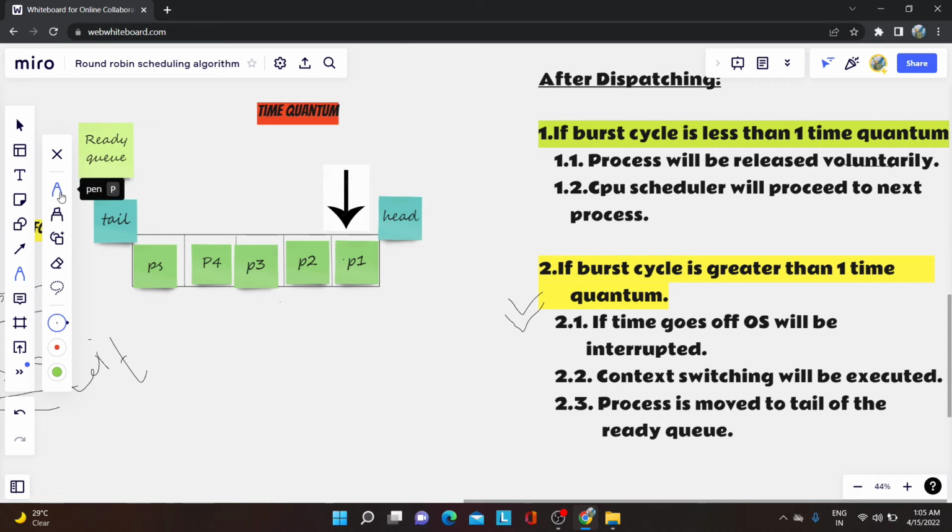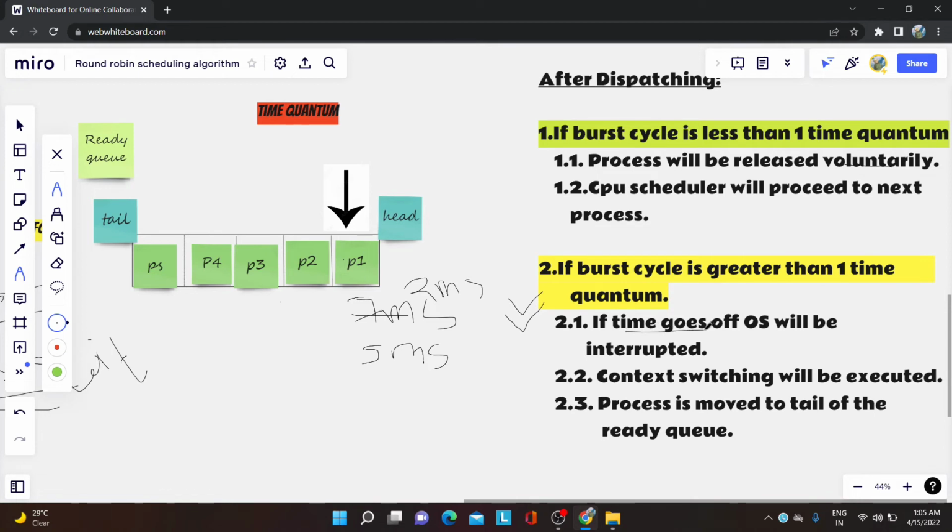For our explaining convenience, let us assume process 1 has 7 milliseconds as its burst cycle, and the process scheduler has a time quantum of 5 milliseconds. So in the first cycle, this process will get executed, and 2 milliseconds will remain.